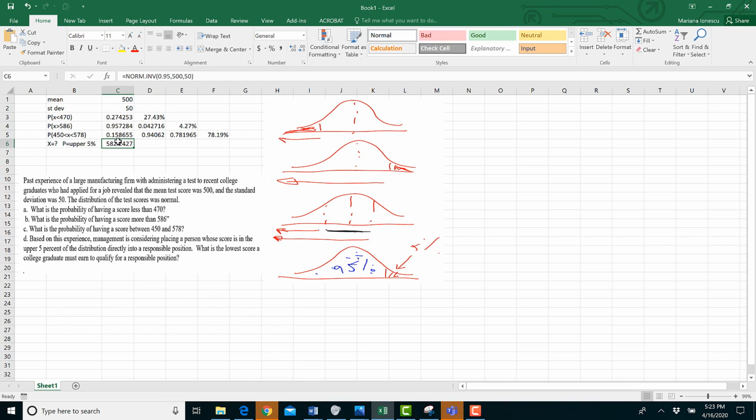So the test score corresponding to the upper 5% is 582.24. So a student will qualify for that position if the minimum score is 582.24.